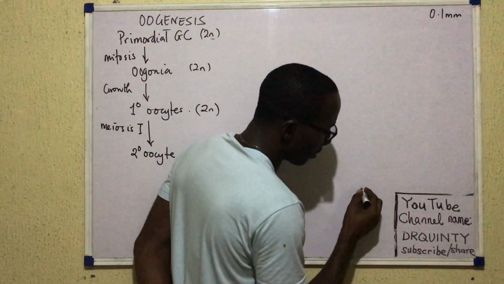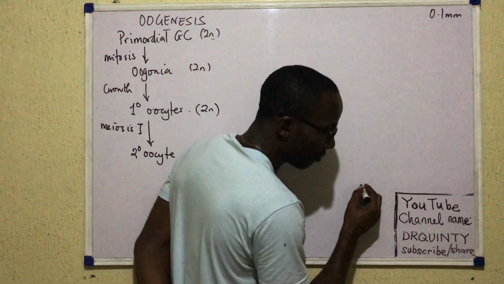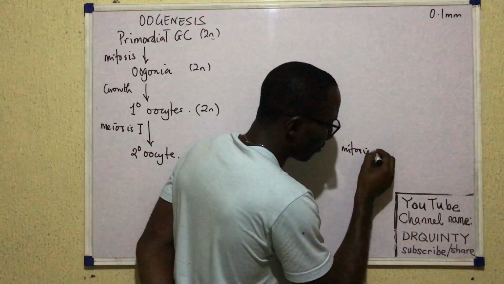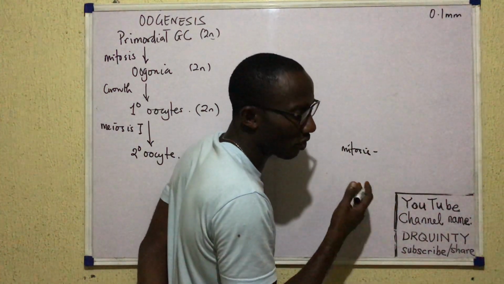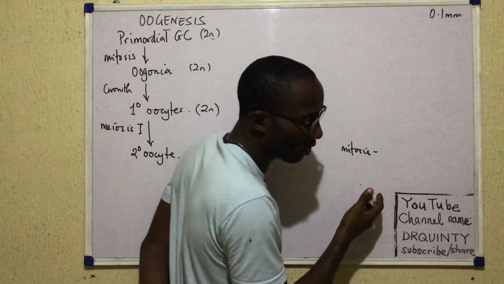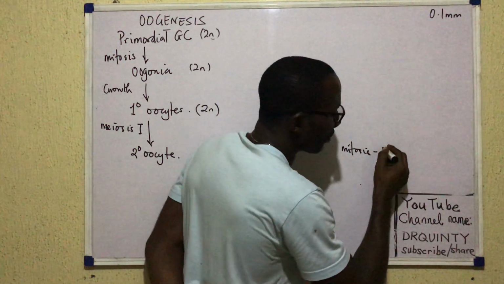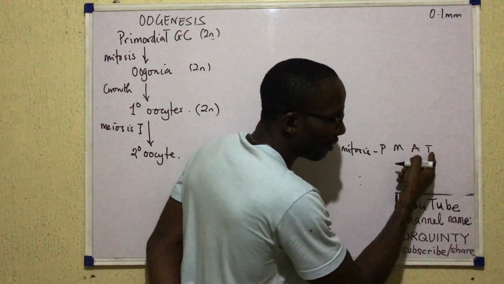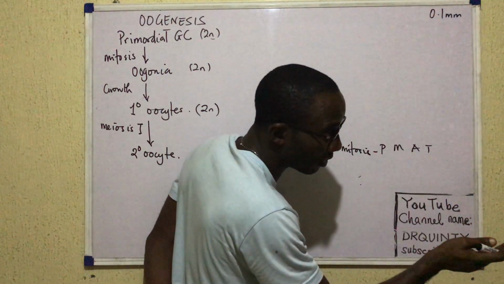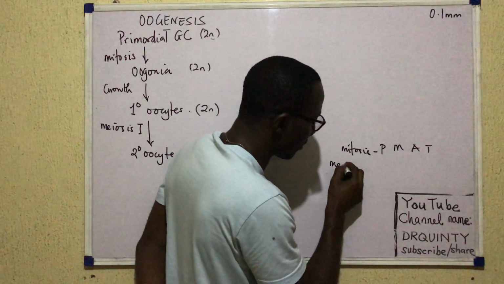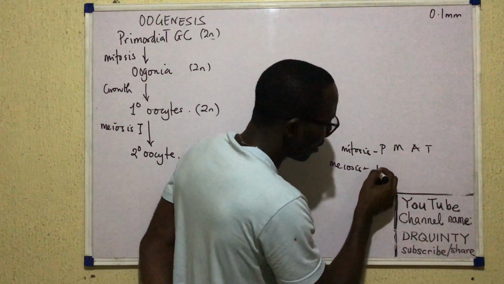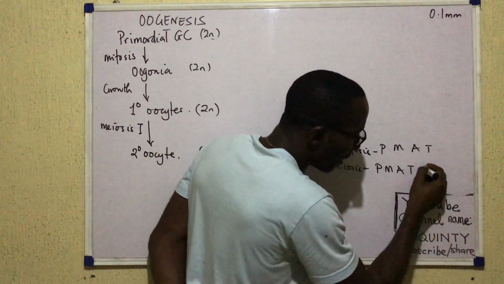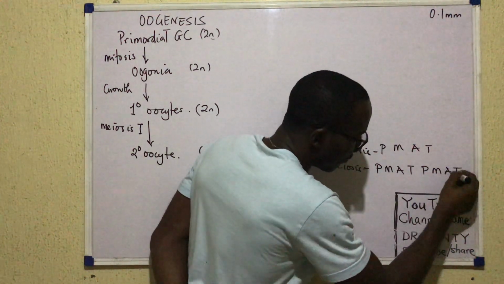If you know about meiosis generally, you realize that meiosis is divided into stages. For mitosis, it's just one stage, unlike meiosis where we have meiosis 1 and meiosis 2. For mitosis, we say there are PMAT stages. What are PMAT? Prophase, metaphase, anaphase, telophase, and mitosis is complete. But for meiosis, we have prophase, metaphase, anaphase, telophase, followed by prophase, metaphase, anaphase, telophase.